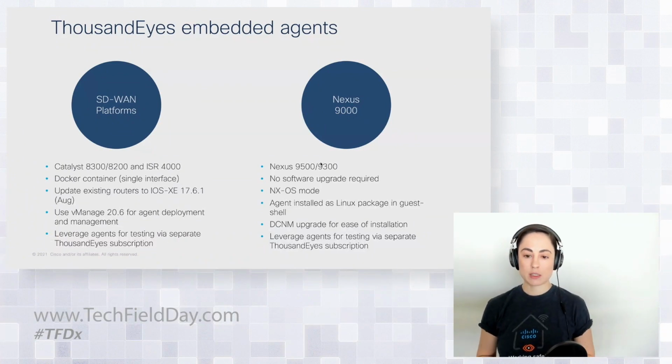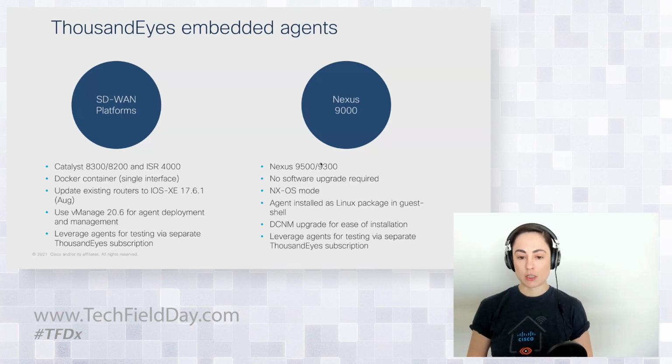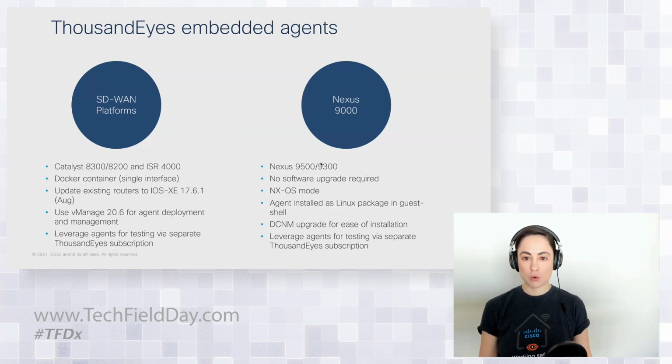So it's the 17.6 release, and the ability to manage these agents is in vManage 20.6. There's a feature template that enables you to very easily deploy these across whatever devices you select. You will need a ThousandEyes subscription in order to leverage these agents from a testing standpoint.